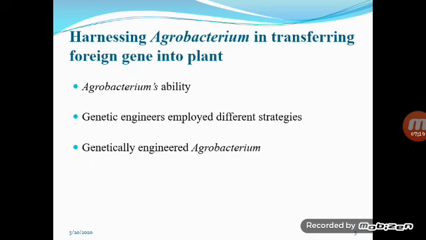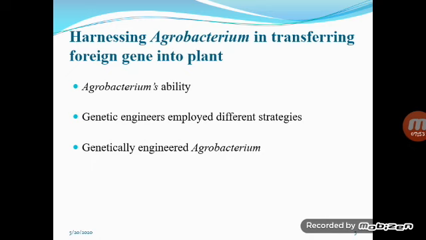After knowing about how T-DNA is transferred and what modifications are needed, genetic engineers employed different strategies. Genetically engineered Agrobacterium were produced with disarmed T-DNA region, in which oncogenes and opine synthesis genes were replaced by the desired gene and a selectable marker.